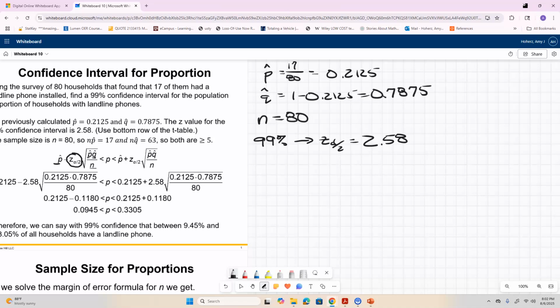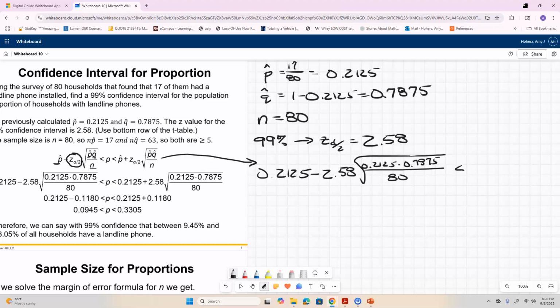And now we're ready to plug everything into the formula. So using this formula, p hat is 0.2125. Our z sub alpha over 2 is 2.58. Our p hat and q hat are 0.2125 times 0.7875, and then that's going to be over 80.